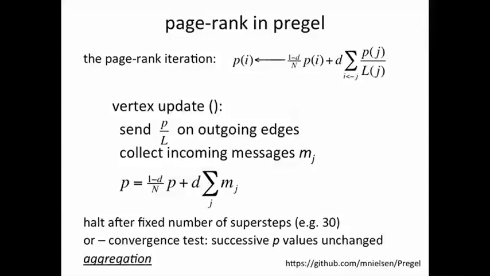So if there's a vertex j which is pointing to i, and j has a huge number of outgoing edges, so that i is very unimportant for j, just one of millions of outgoing links, then its PageRank flowing in from j is not considered very important. However, if i is the only vertex that j points to, then L is 1, and its importance is much higher as it flows in to i.